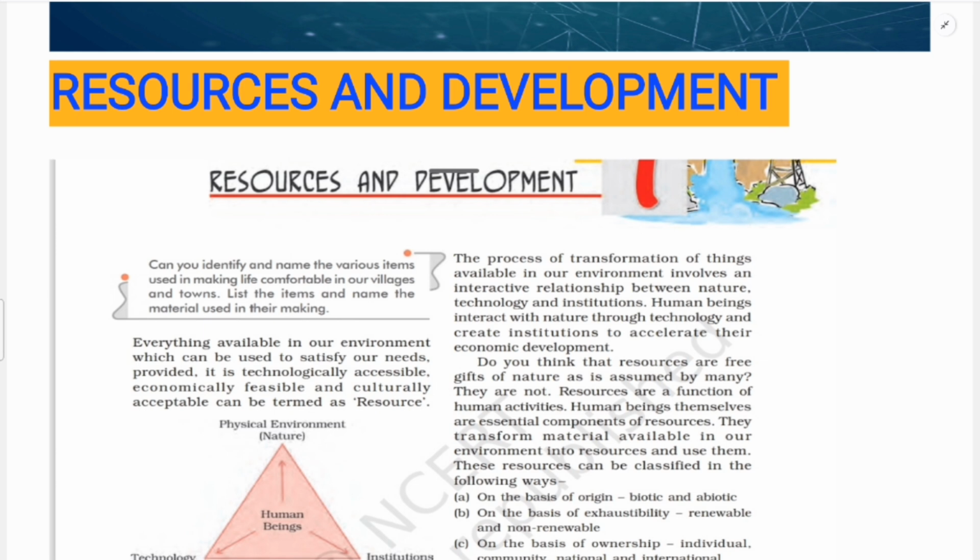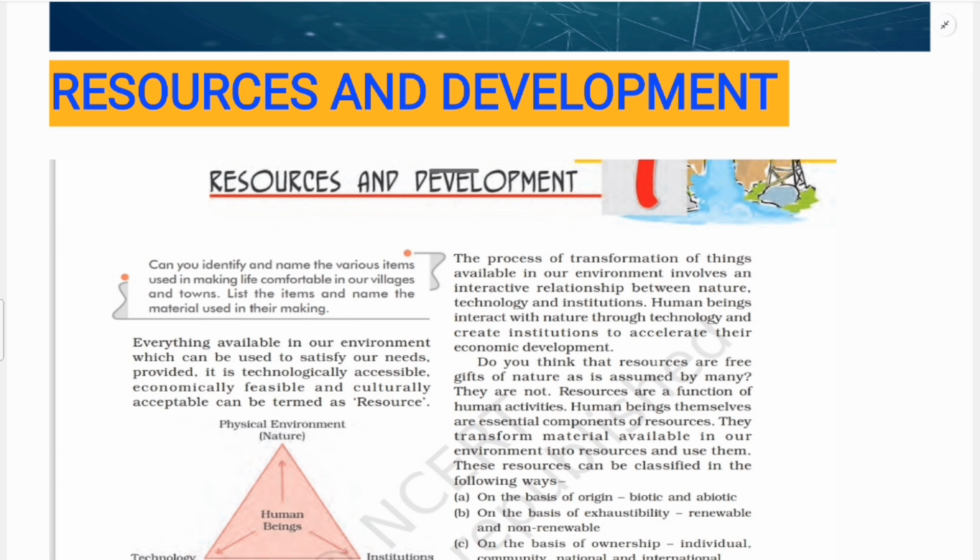It should be technologically accessible. Suppose we have some resource which can't be accessed technologically. What is the benefit of being availability of that resource in our environment? So anything, it doesn't matter what, anything is a resource when that thing is accessible to us.